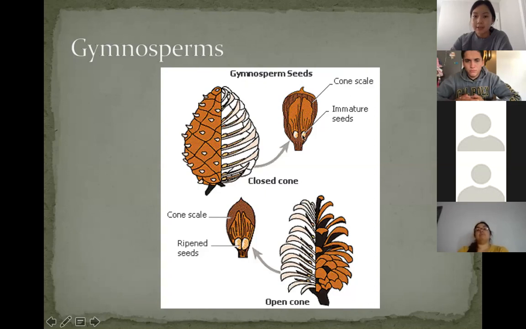And then at the end would be your seeds. Eventually though, when the cones open, that's where the seed is right there, then fertilization can take place. But some cones are really, really stubborn. They won't open unless they're exposed to really, really high temperatures. Like one of the species that I'm studying, which is Pinus attenuata, they won't open their cones unless there's a fire. So reproduction is usually pretty low.